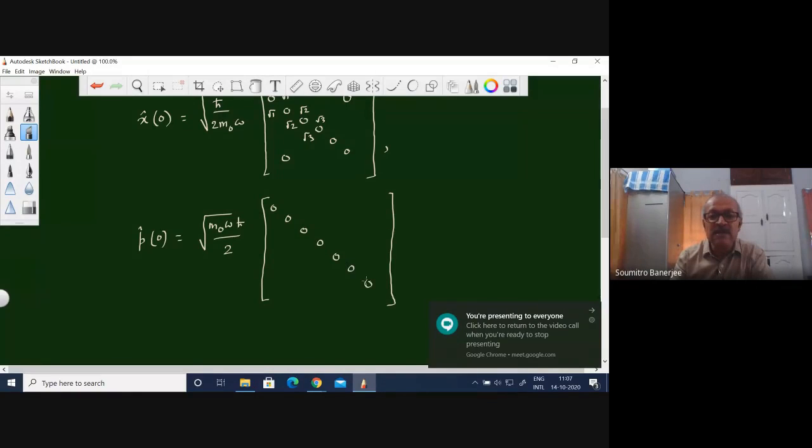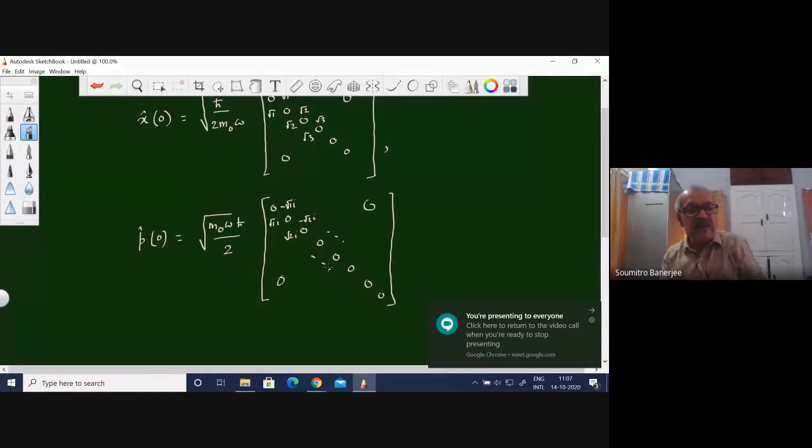So if x is 0, the p is also 0 in the diagonals. These are also 0 in the diagonals. Only these terms will remain. But here, this will be root 1 i. This will be minus root 1 i. This will be root 2 i. This will be minus root 2 i, and so on and so forth. So these were the structures.